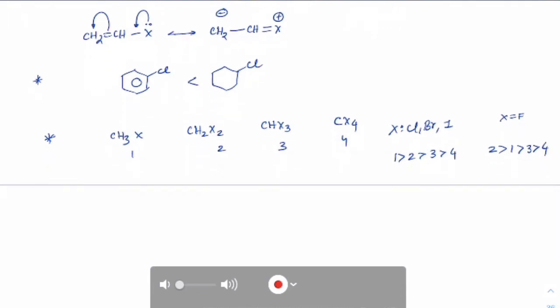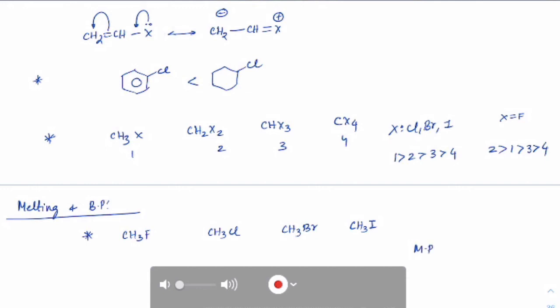Next we will see the melting point and boiling point of alkyl halides. So if we see CH3F, CH3Cl, CH3Br and CH3I, in case of melting point, it would vary this way. Boiling point varies the same way.